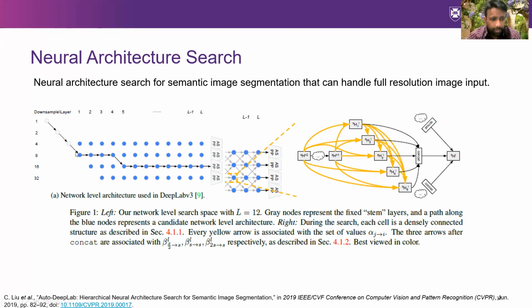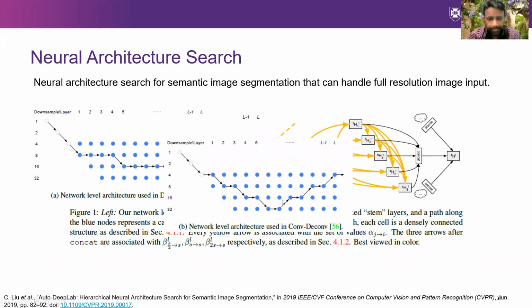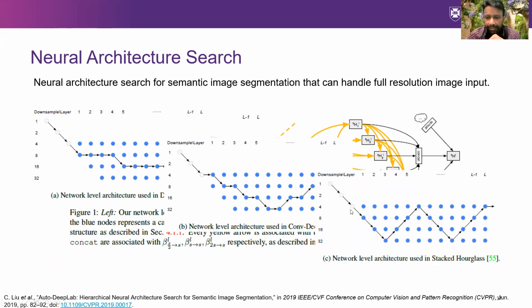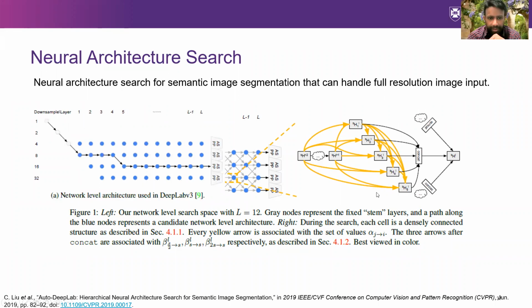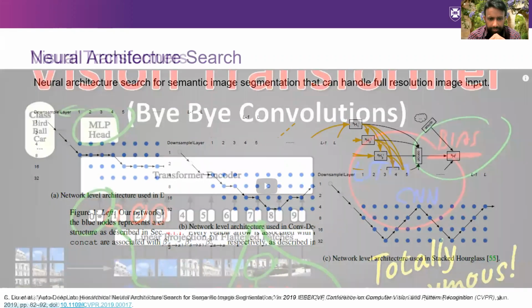Oh, sorry, that's the one that they found empirically when they designed a previous work called DeepLab. So, just with handcrafting and brute force, they found that this one worked the best. This is similar to the UNet. And this is the one that you use from the stacked hourglass. If we go back, I'm not sure if I've got the original one.